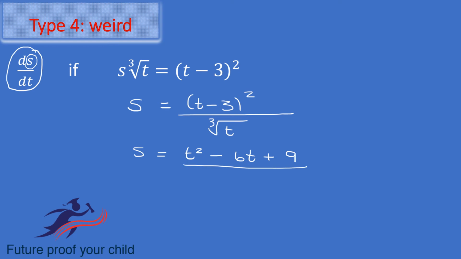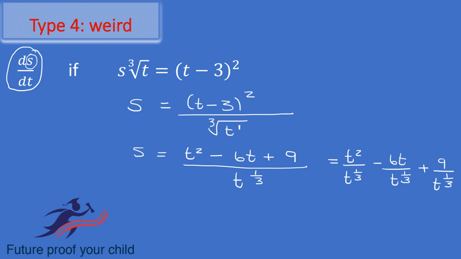Over, I can rewrite this as t. Remember, the exponent is inside over outside, so it's a third. I've got one term in the denominator, so I'm going to split it. So I'm going to write t squared over t to the power of a third, and then minus 6t over t to a third, and then positive 9 over t to a third.